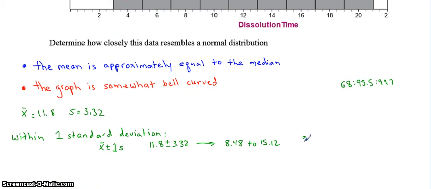So 35 out of 50 numbers is equal to 70%. So 70% of the data is within one standard deviation of the mean. In a perfectly normal distribution, it should be 68. So that's not too far off.